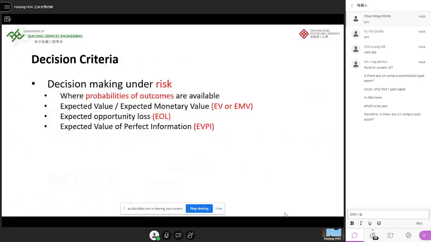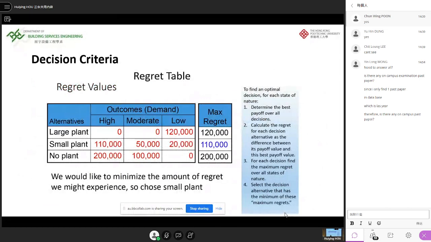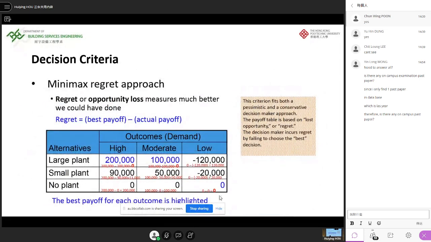First of all, let's go back to this part. There are three possible outcomes: high demand, moderate demand, and low demand. For each possible outcome, you need to identify the best payoff under that outcome.